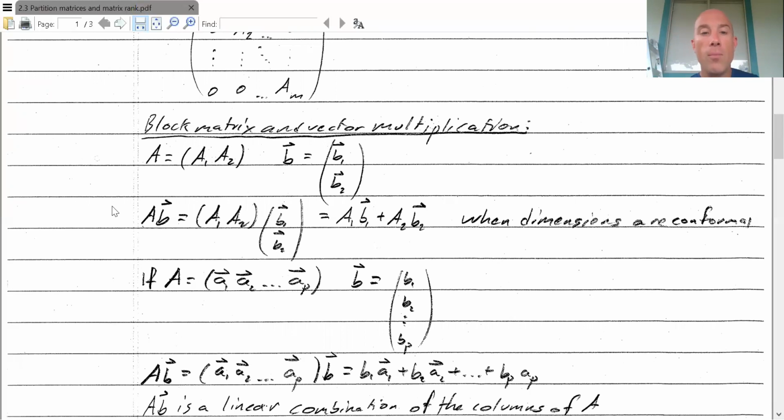Well, A times B, we know what that is from the previous video. That's going to be A1 and A2 multiplied by B1, B2 in this format. That's going to be block matrix A1 times vector B1, plus block matrix A2 times vector B2, and then I add them together. Hopefully this is not shocking at this point.